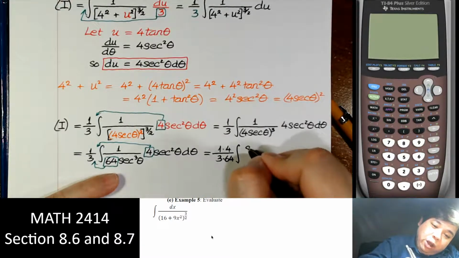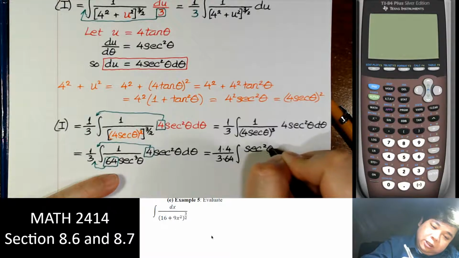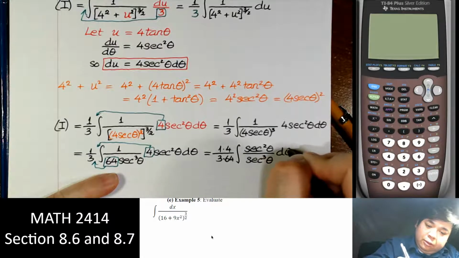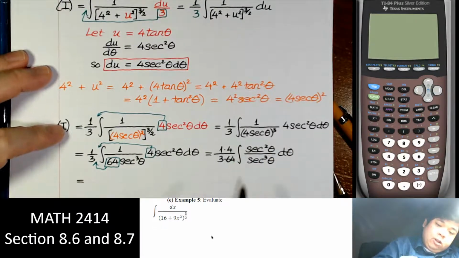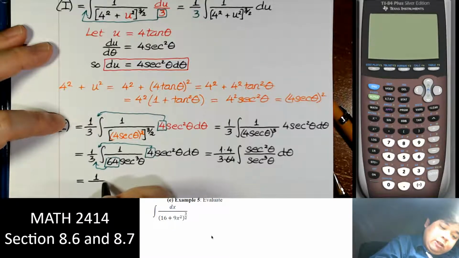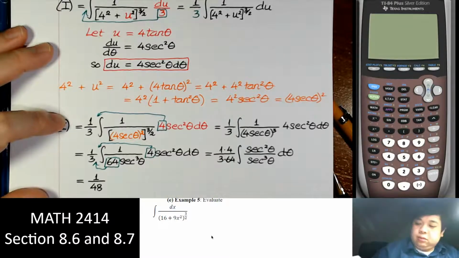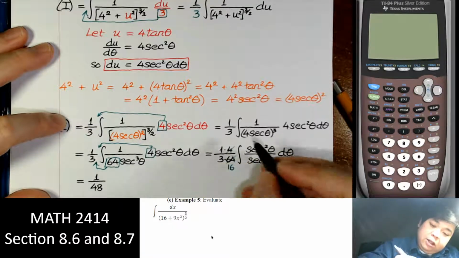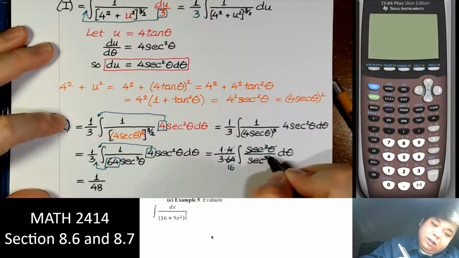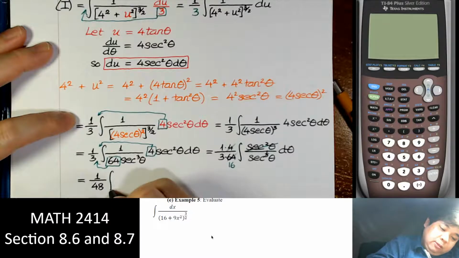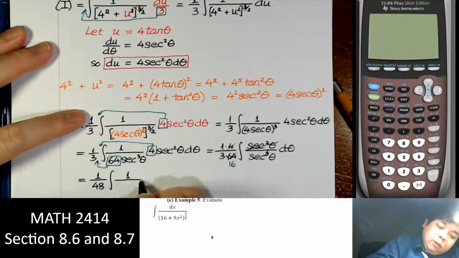Inside we just have secant square over secant cube. Cancel out. 4 and 64 cancel. We just have 1 over 48. And we cancel 2 on the top with 2 at the bottom, we have 1 left. So we just have 1 over secant theta d theta.